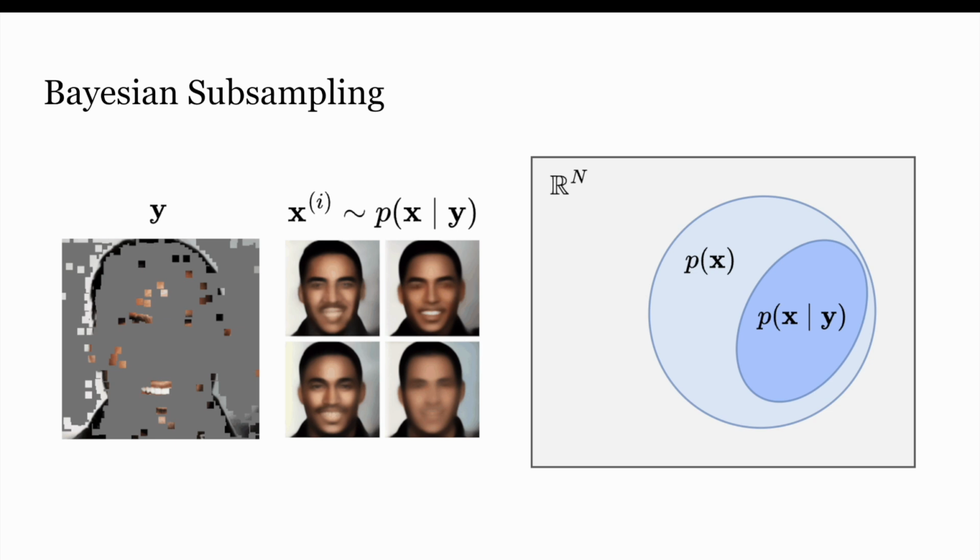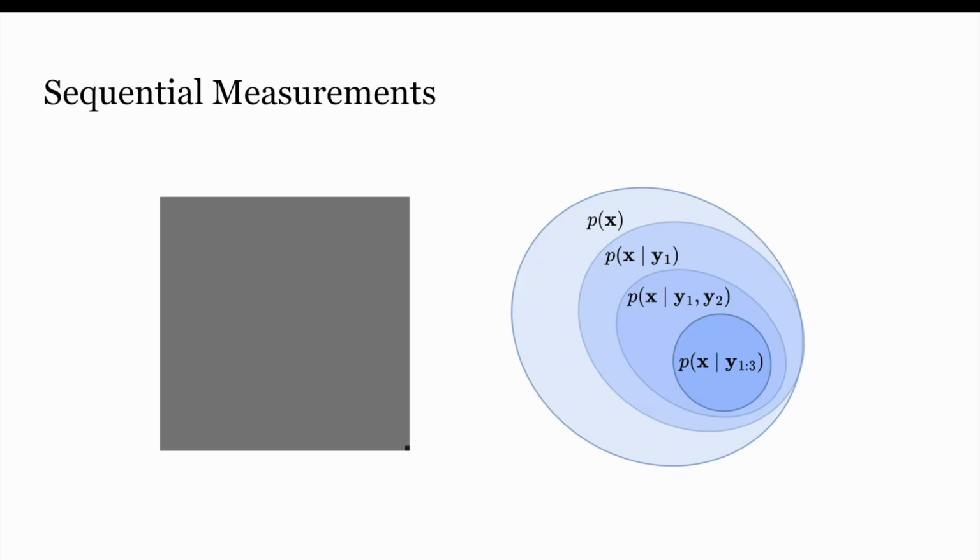So I represent that here as this prior distribution Px and this posterior, given these measurements, that constrains the distribution. And when you have measurements like this that give you more information about the target signal, that will have the result of constraining the distribution, basically decreasing its entropy. And that's an important topic that we'll come back to.